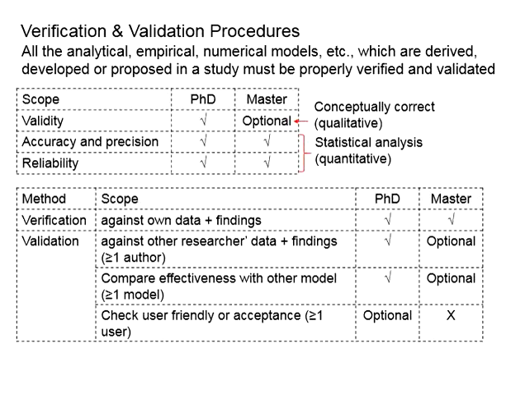The second method here is to compare the effectiveness of your models with other models. This one you can acquire from the literature review. In the case that there are existing models and your models are different from those existing models, then you can make a comparison between your models and the existing models in terms of the effectiveness of your models in describing the subjects that you are studying.